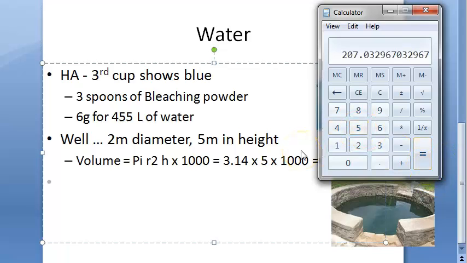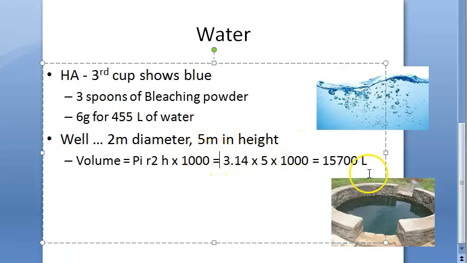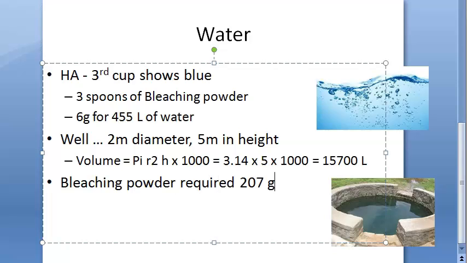So we need 207 gram of bleaching powder. Bleaching powder required is 207 gram. Now, what are the steps of disinfection they have asked?